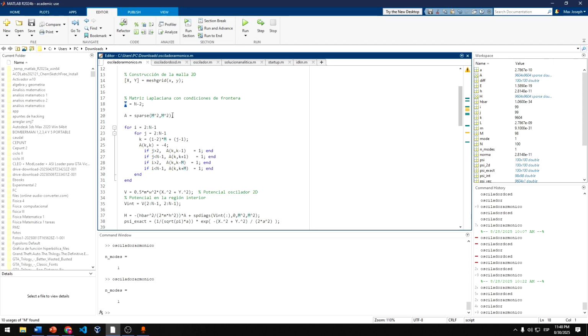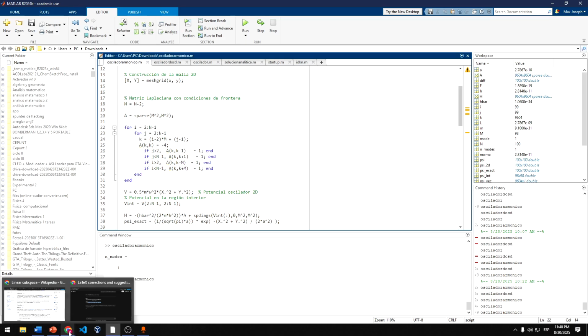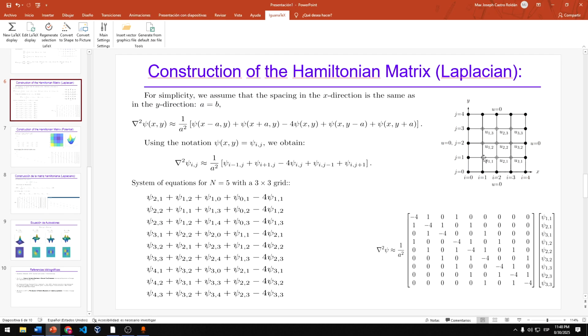Sparse 9 by 9. Aquí abrimos un ciclo for para especificar primero los índices i, que van a ir aumentando. Primero comenzamos con el 2. ¿Por qué no con el 1? Porque MATLAB solo empieza desde el 1, no desde el 0. Por eso ya corrí 1 desde el 2. Y vamos a terminar hasta n-1. Lo que quiero decir con esto es que vamos a empezar con este nodo.